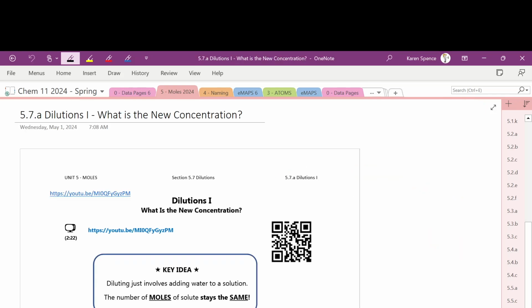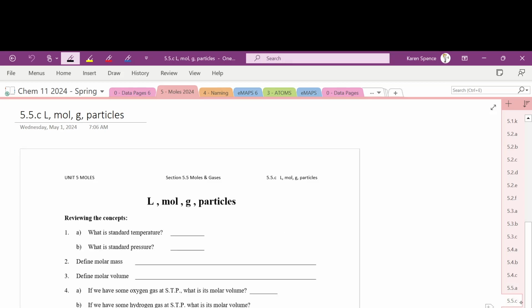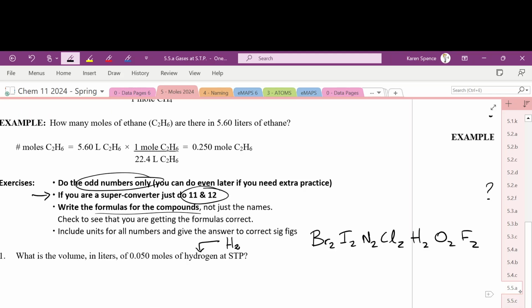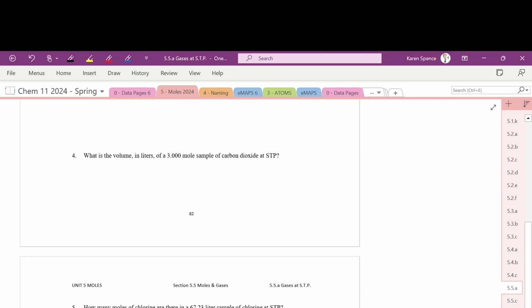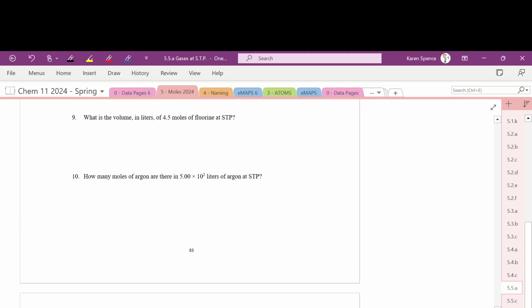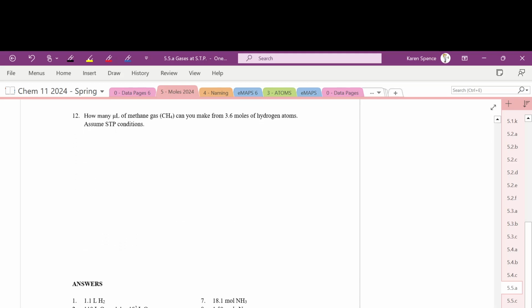We're not going to do dilutions until next week. So you can start doing pages 82 to 84.